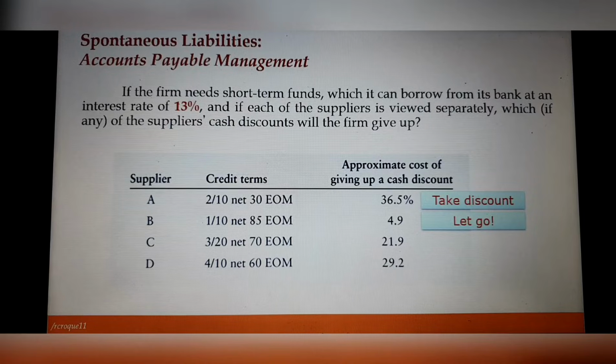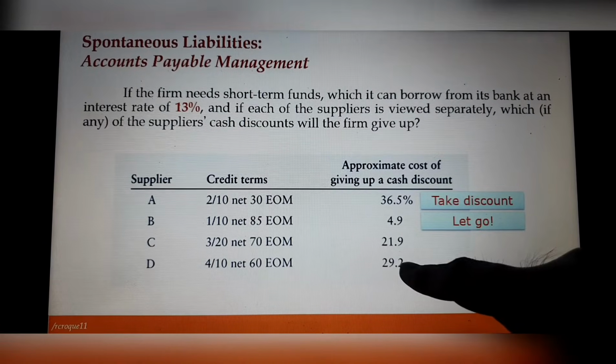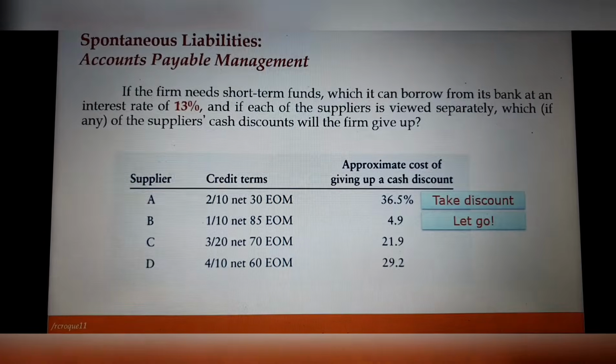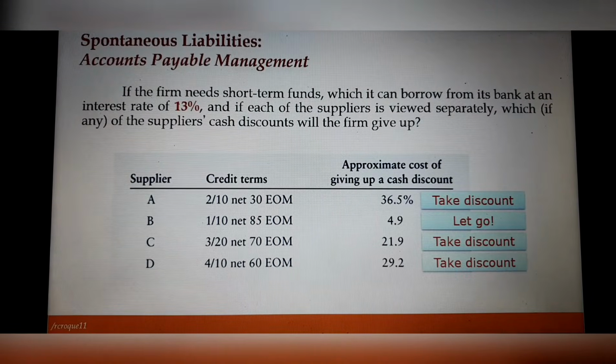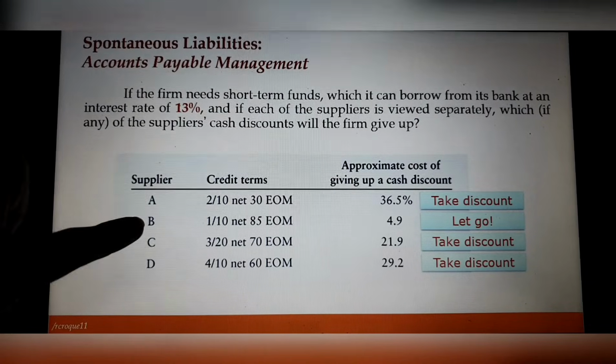And then, for letter C and letter D, since the cost to give up is higher compared to the rate of our short-term fund, we are going to take the discounts. Okay? So, we will let go only of the discount offered by supplier B.